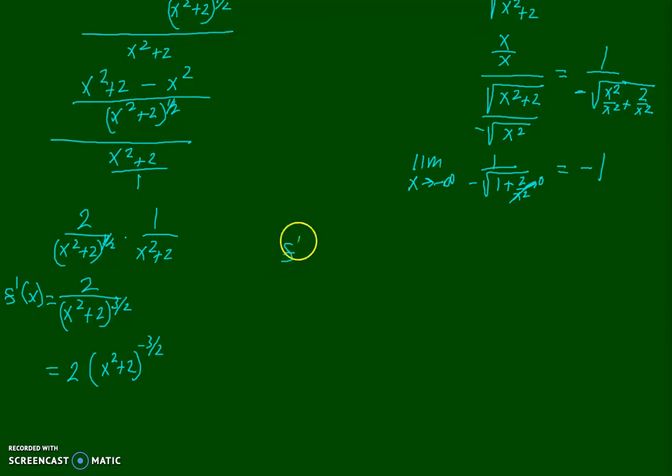So f double prime of x equals, pull the 2 out, and it's negative 3 halves times the inner function, subtract 1, which gives us negative 5 halves, times the derivative of the inside, 2x.